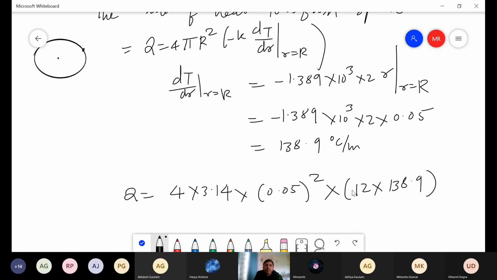That minus sign I have omitted because this is the heat loss, but how much is the heat transfer? I am calculating the heat loss. That's why the minus sign is coming here. Do you all agree? Yes, sir. So anyway, this minus sign gets cancelled out. This becomes plus. Correct?